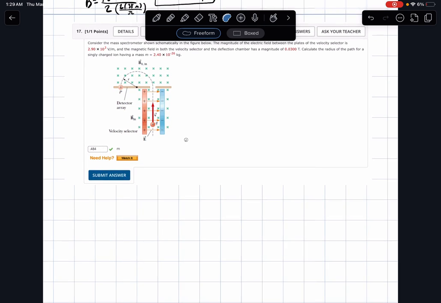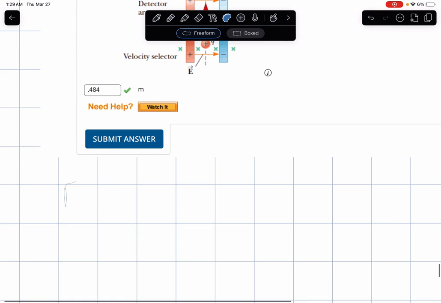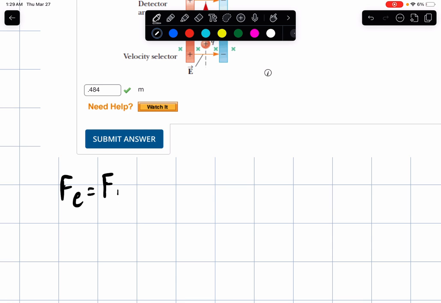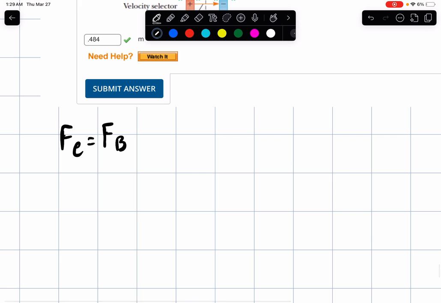So your Fe from the electric field is charge times the electric field, and that's equal to the electric force. Now your magnetic force is equal to the charge times velocity times magnetic field.